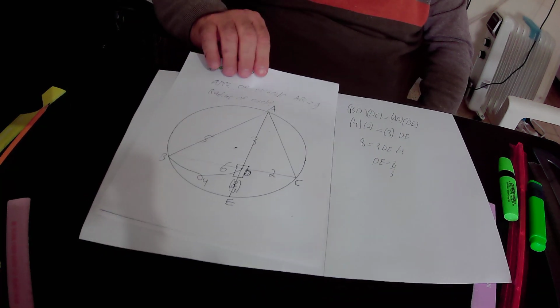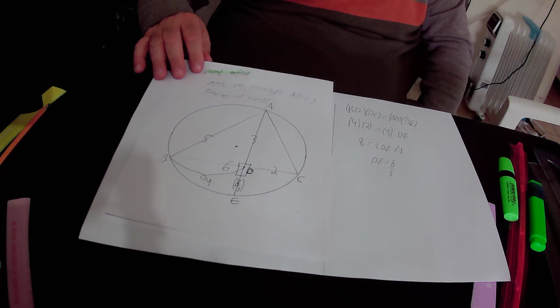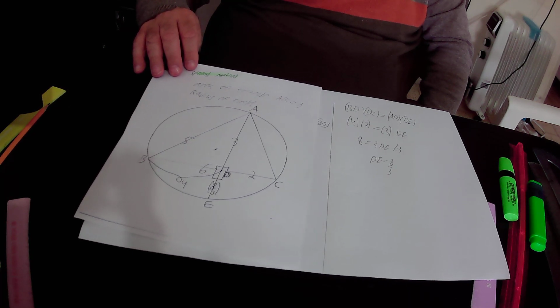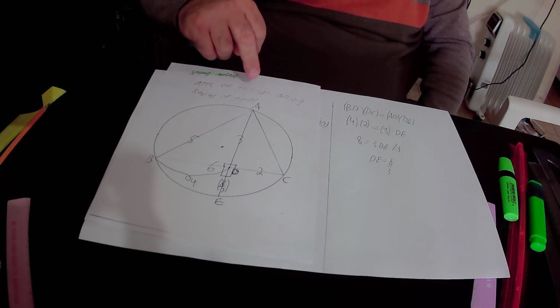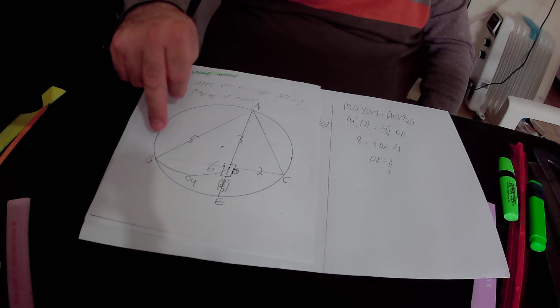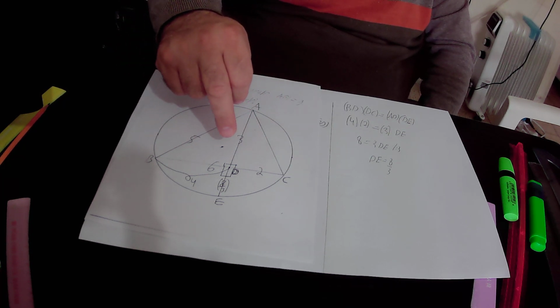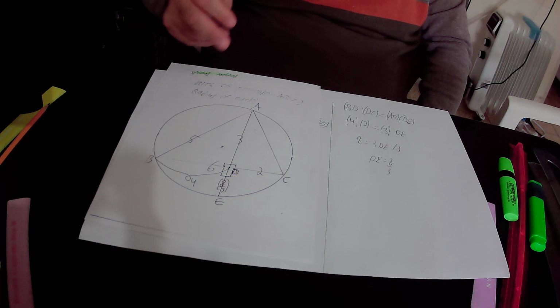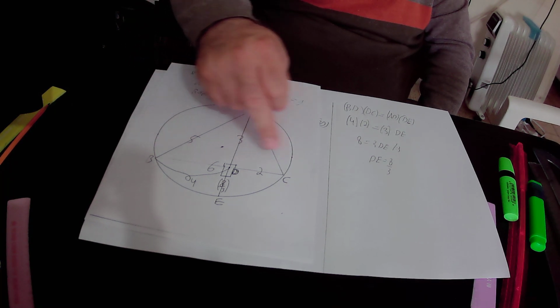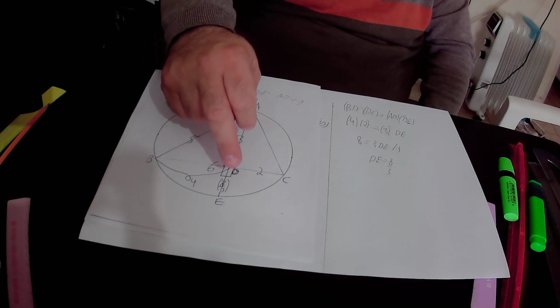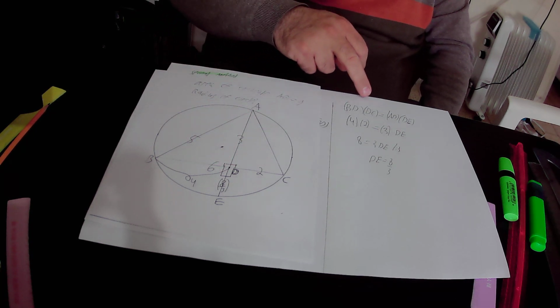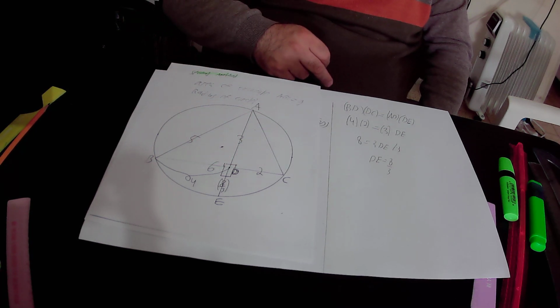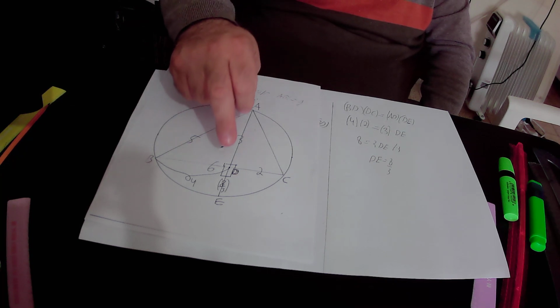Why? Because in our drawing we have chord AE that intersects with chord BC at point D. Therefore, according to rule number 1, we get that BD times DC equals AD times DE. BD is 4, DC is 2, AD is 3, and DE is the missing line segment.